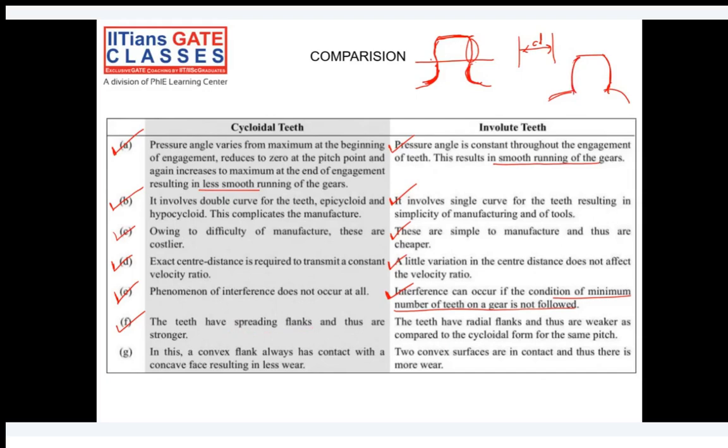Basically a radial flank, you can say. So if we compare them with the cycloidal teeth, they are not much stronger, so weaker as compared to the cycloidal form.